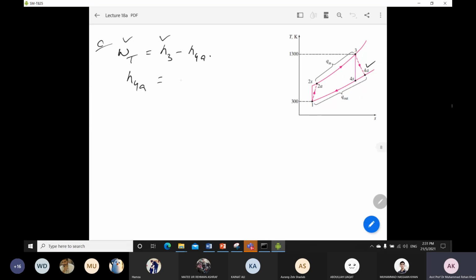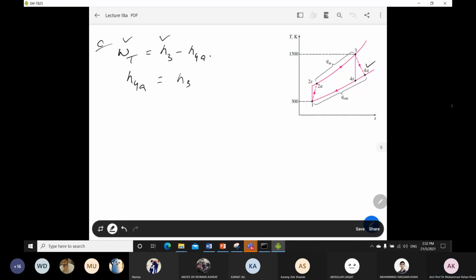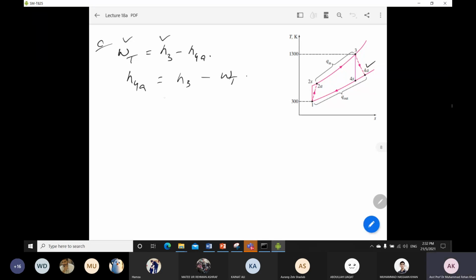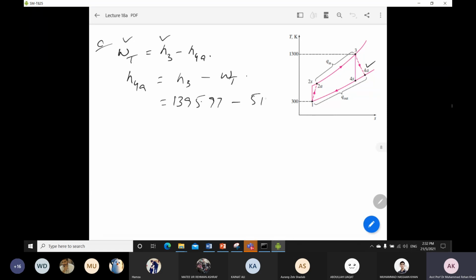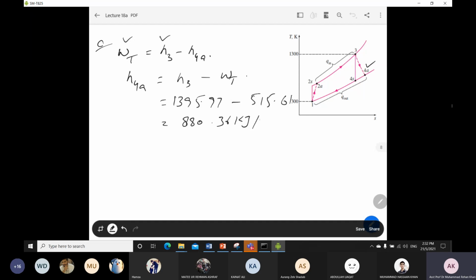So H4A becomes H3 minus W turbine. The H3 value is 1395.97, and the W turbine out we found in part A, which is 515.61. From this we get 880.36 kilojoule per kg as the H4A value.